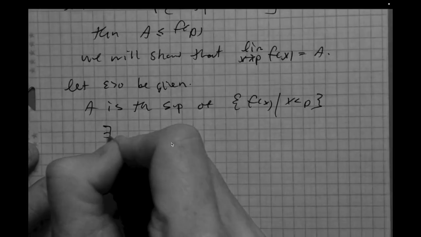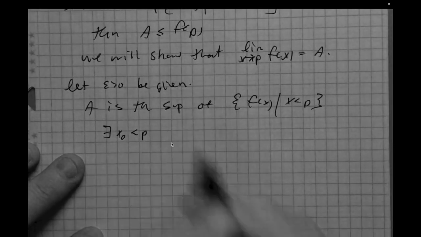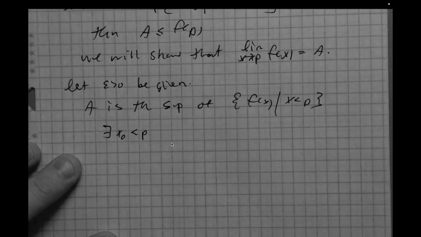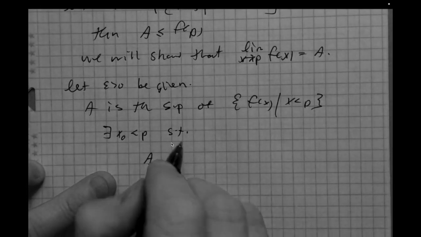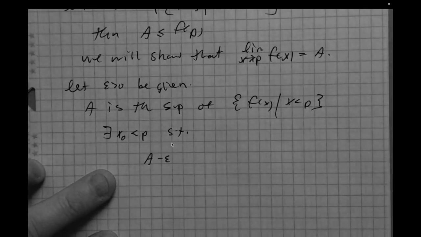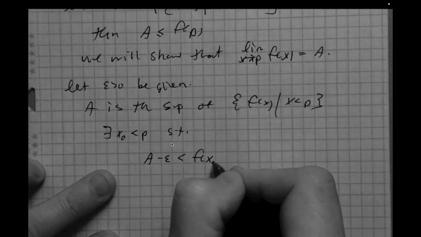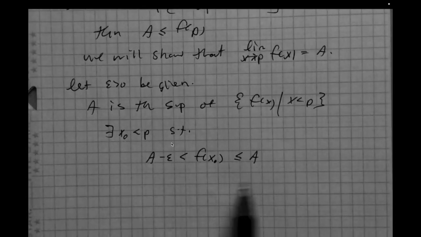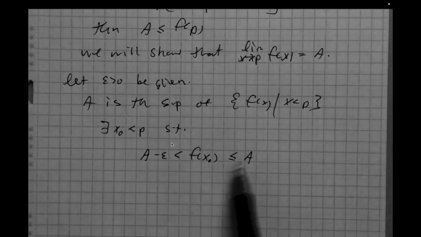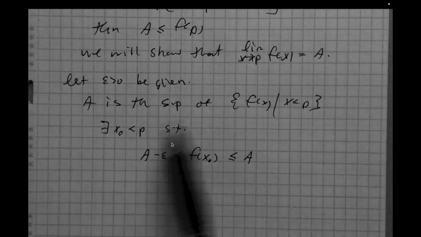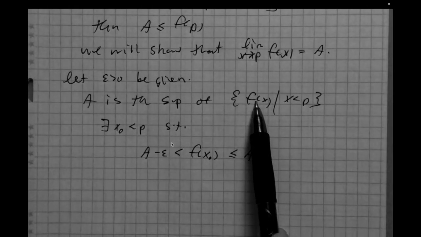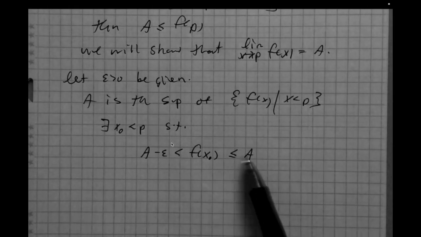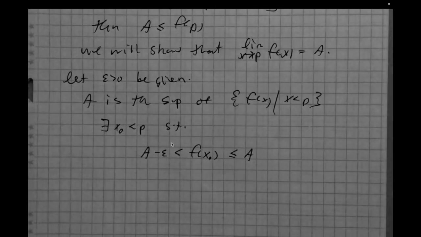And so there exists some x naught less than p, some value x that's less than p, such that the least upper bound A minus this given value epsilon is less than f of x naught, which would be less than or equal to A. Right, so you've got the supremum A, and we're going to create a tiny little left-hand interval near A. And there's going to have to be some x in here that produces an f of x that's within that interval. Okay, straightforward, right?